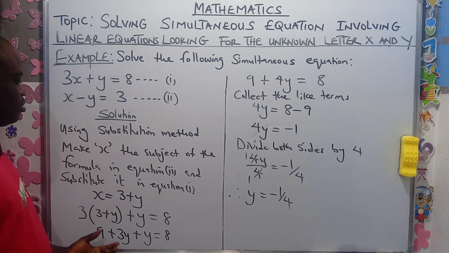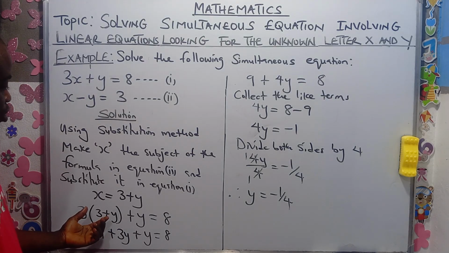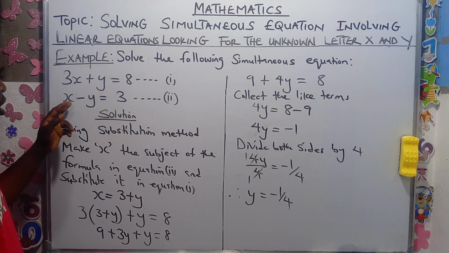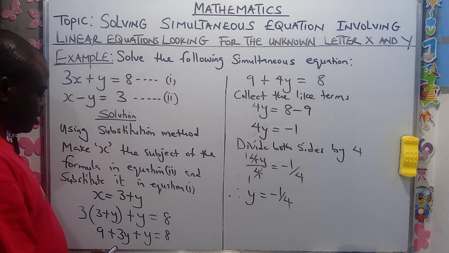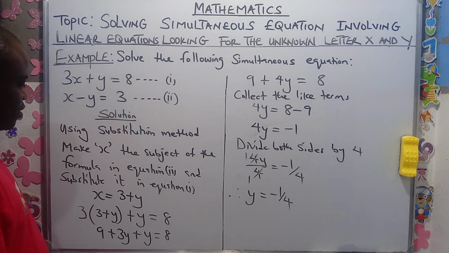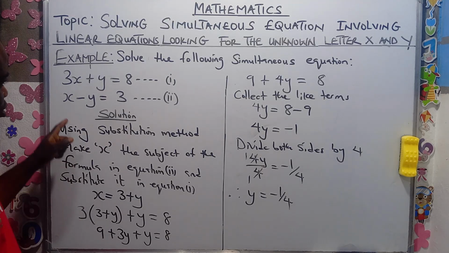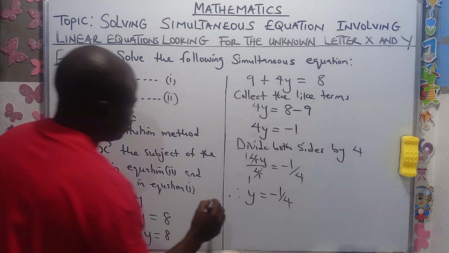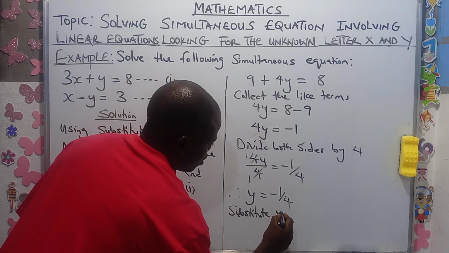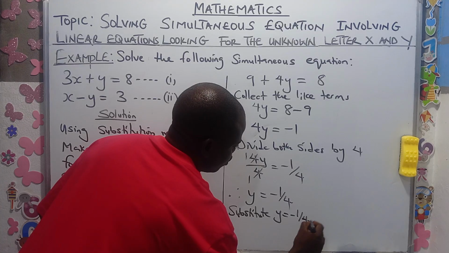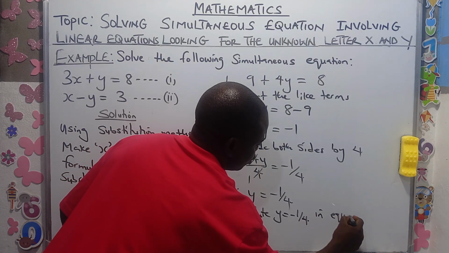This is the substitution method, because when you carry out the substitution method, in one of the equations you make any of the unknowns the subject of the formula and substitute in the other equation. Now, I want to get the value of x. Let me substitute y equals minus 1 over 4 in equation 2.